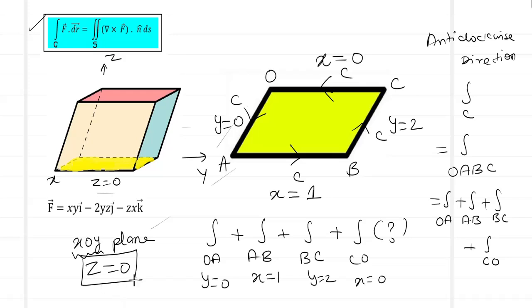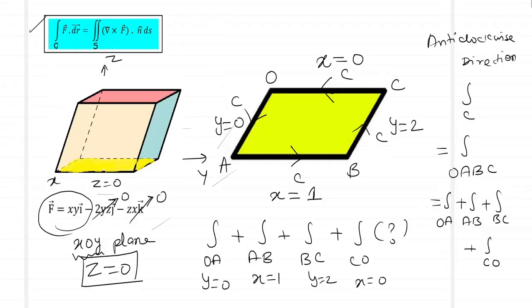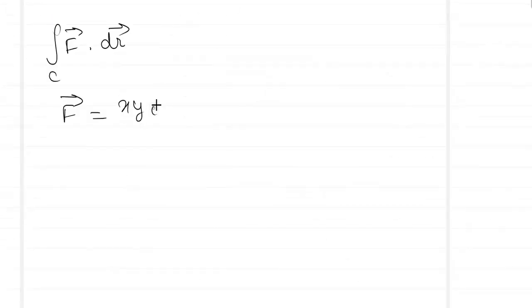So what happens when Z equal to 0? Now in this F, here I have a Z, so this will become 0. Here I have a Z, so this will become 0. So what will be left out of my F vector? Only this xy times i will be left out in my F vector. So my integral over C F vector dot dr vector has now reduced to F vector equal to xy i.